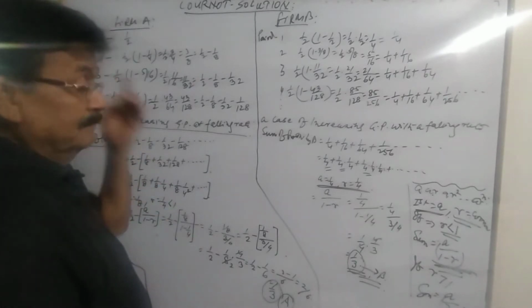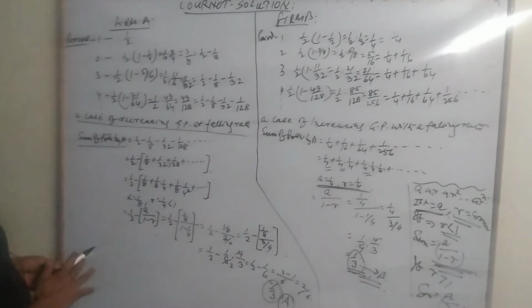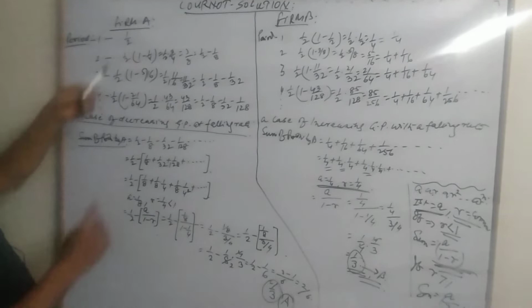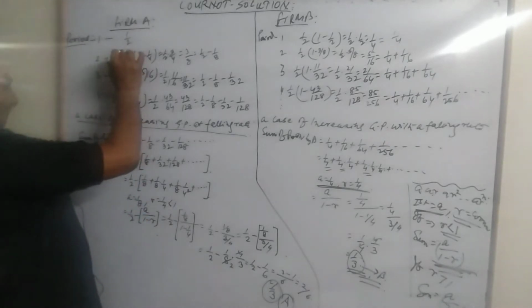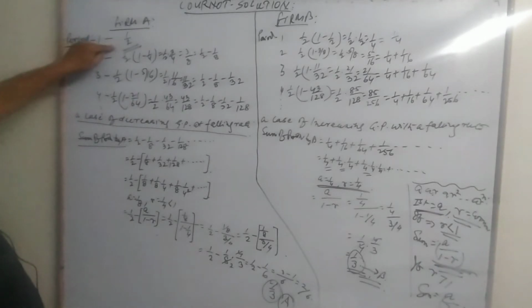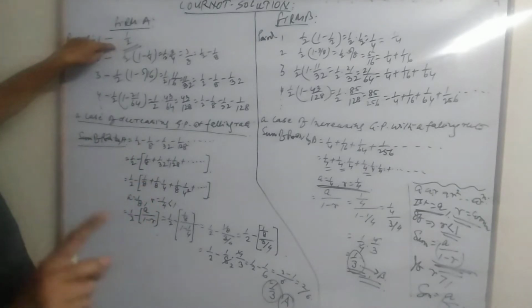There are two firms. To start with, in the first period, A produces half of the total demand. That is how I explained. Now in this first period, each player is acting as a monopolist.